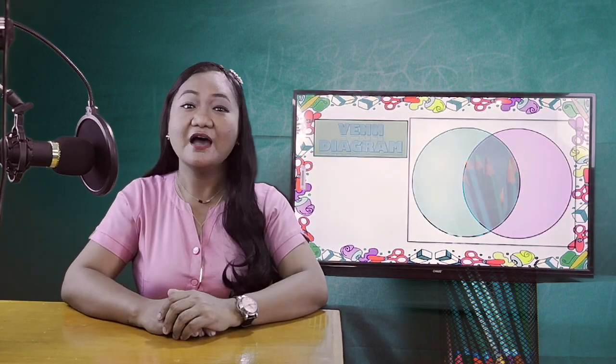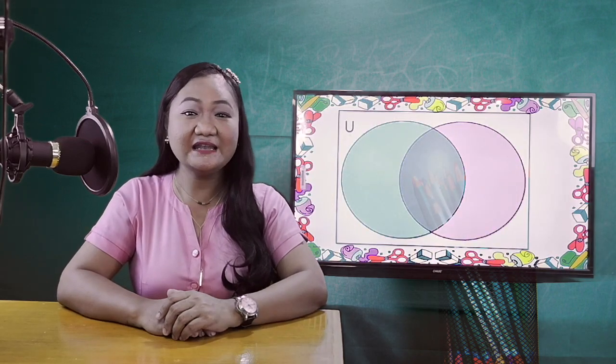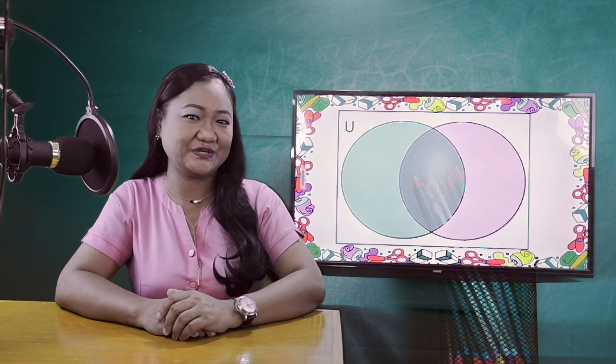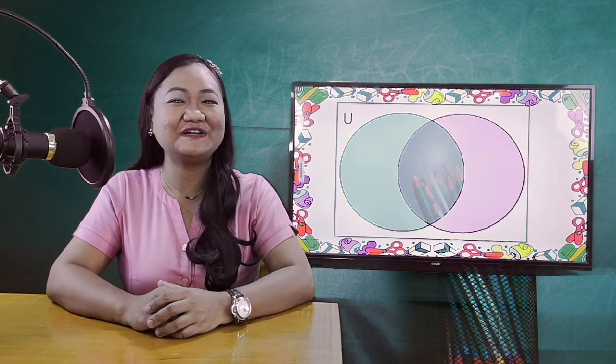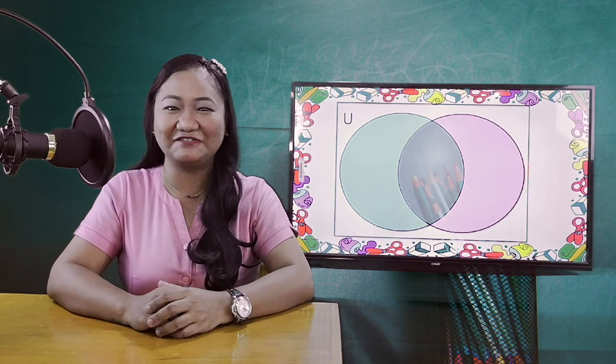This consists of geometrical figures which show the relationship, similarities, and differences among things or groups of things. The two or more circles represent different sets, and a rectangle represents the universal set as shown in this illustration. So, how do we illustrate these different set operations using the Venn diagram?